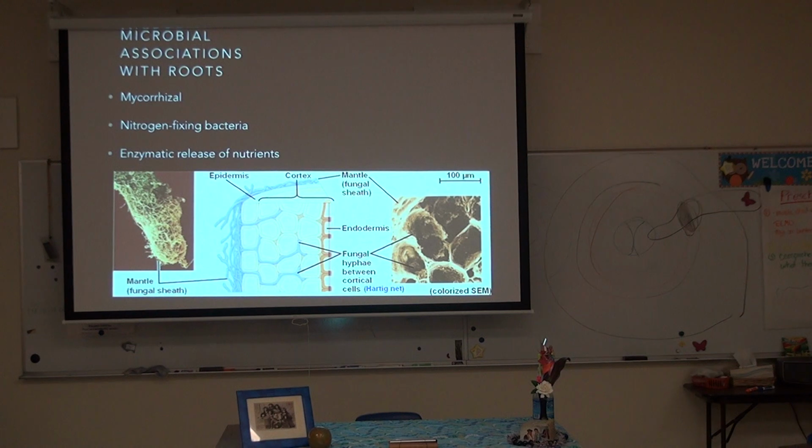There's also nitrogen-fixing bacteria. Some of them are free living in the soil, but when I'm talking about associations, we're talking about legumes that produce special structures in their roots that house bacteria that, in anaerobic conditions without air, can take nitrogen gas from the atmosphere, which is absorbed through the plant, brought into the plant structure, brought down to these bacteria in these special structures in the roots, and then that microorganism is able to break the triple bond that is the nitrogen gas.